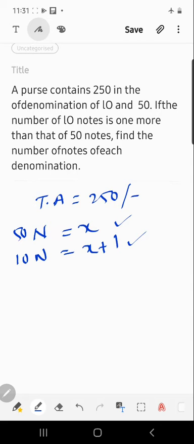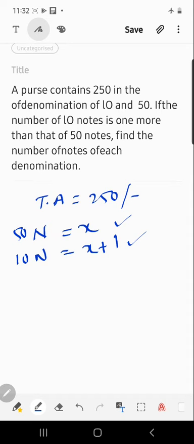Now how to make the equation? Here there is only one condition, because the total amount is 250 rupees, they said. First we have to find the amount of 50 rupees notes and the amount of 10 rupees notes. We know 50 rupees notes are x.